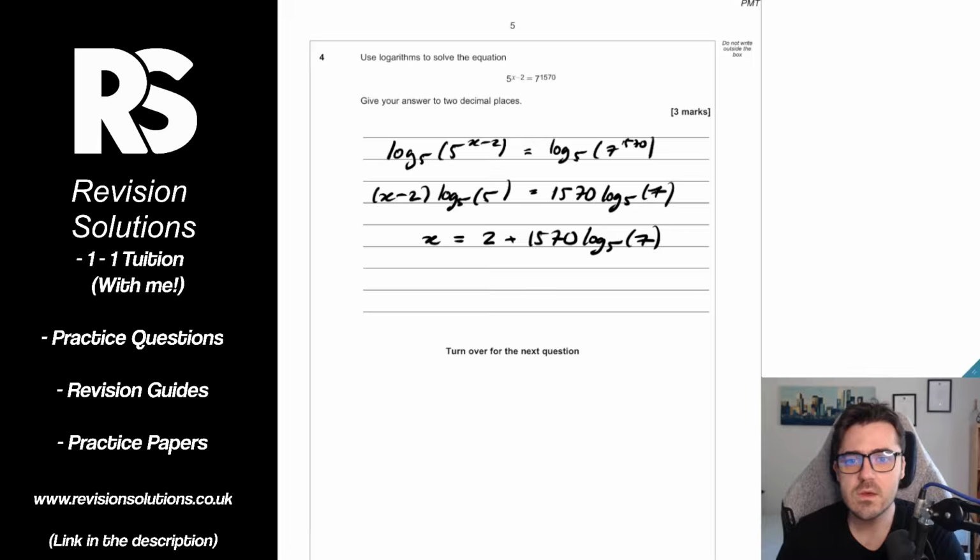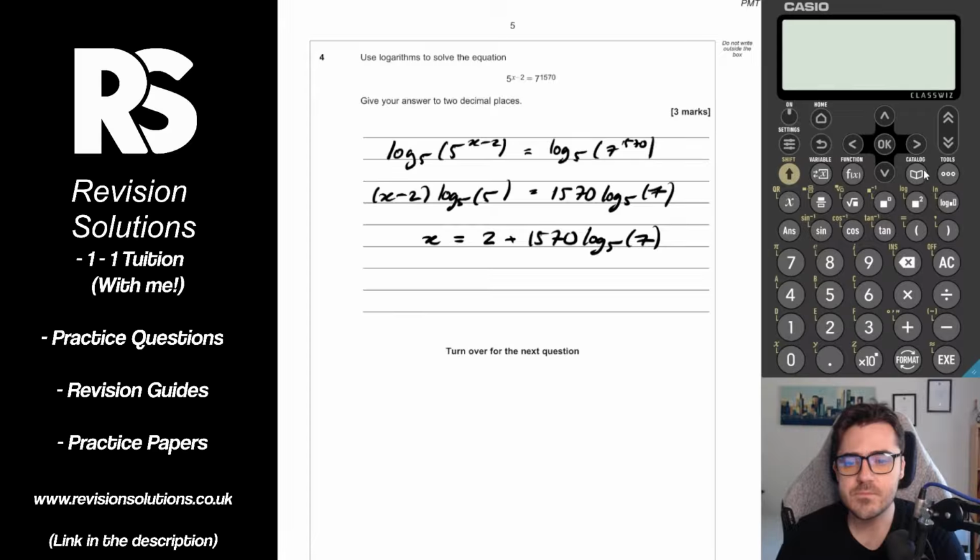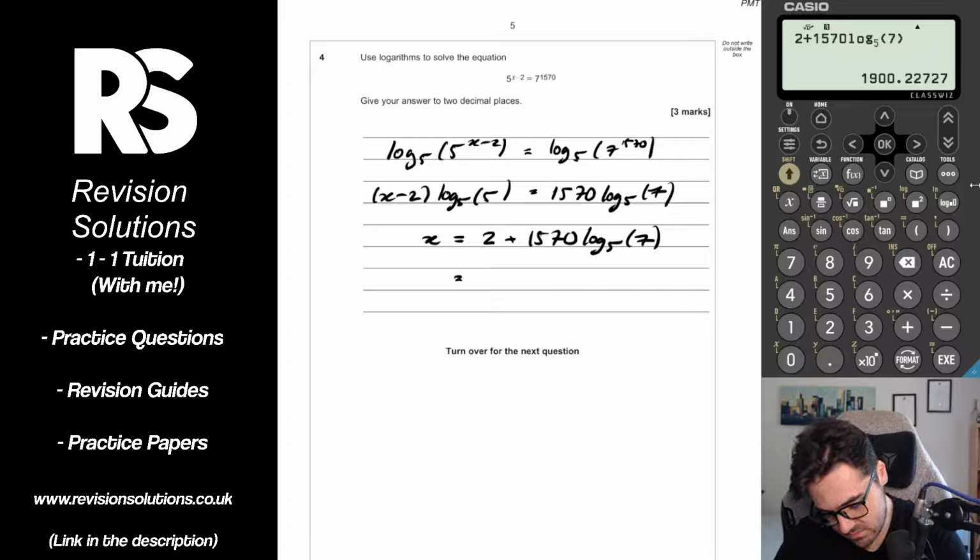So if we grab our calculator here, we're going to do 2 + 1570 times log base 5 of 7, which is 1900.23 to 2 decimal places.